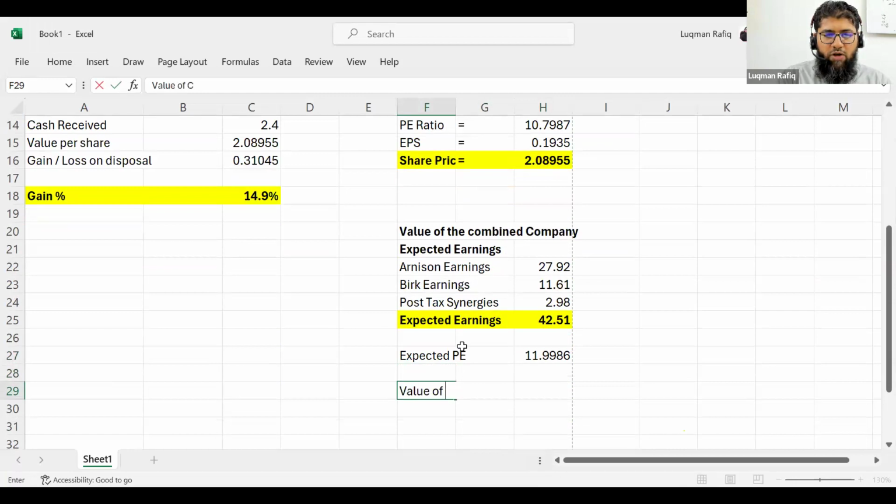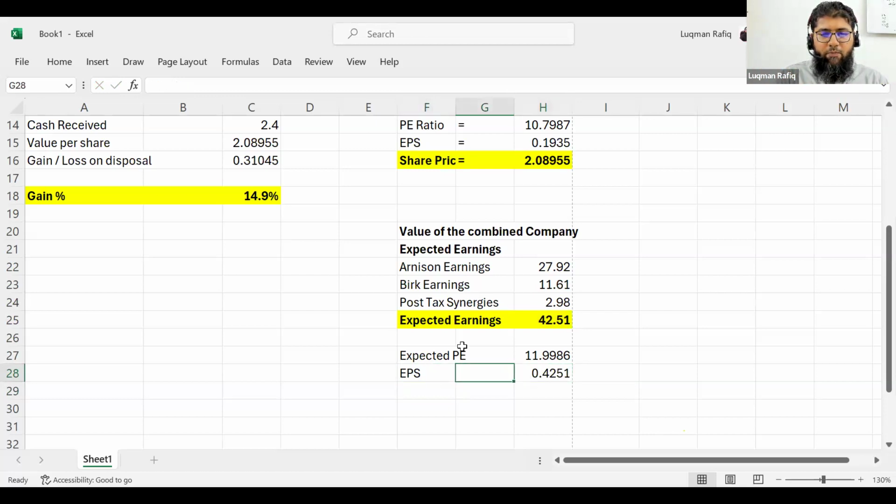So value of company will be, or you could say even the EPS will be the earnings divided by 100 million, because the number of shares are going to be 100 million. Why are the number of shares going to be 100 million? Because you have acquired them. It's not your company's shares only.